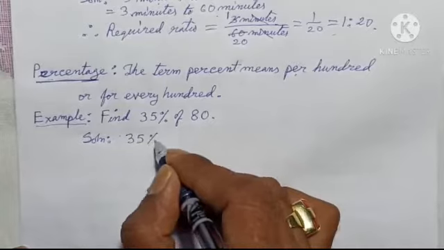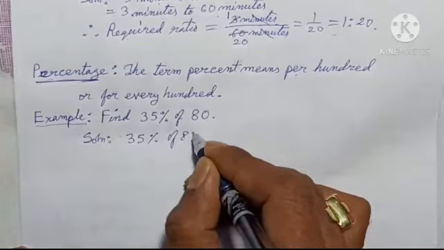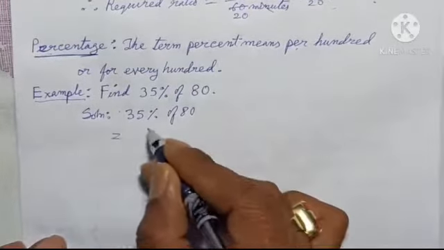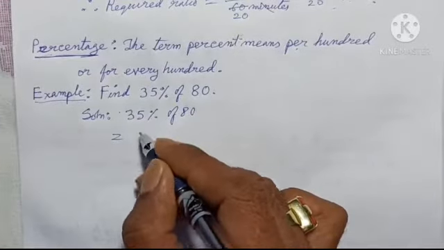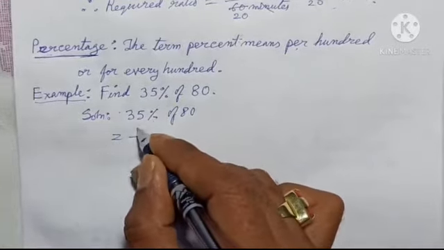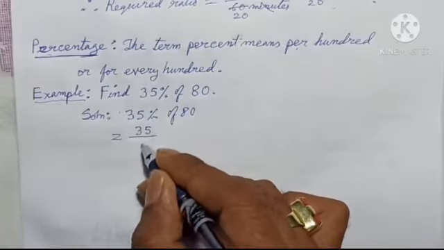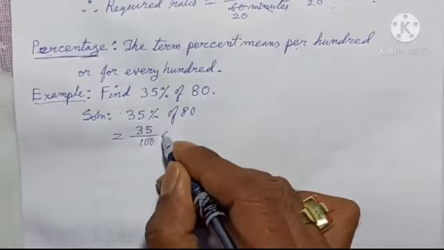35% of 80. Here the symbol we are keeping is called percent symbol. So if we leave this percent symbol, we have to write down 35 by 100, and multiply.